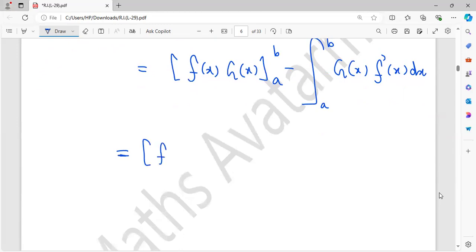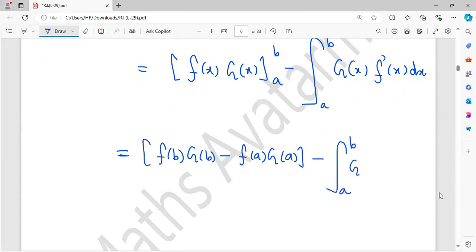This is f b G b minus f a G a minus integral a to b G x f dash x dx.